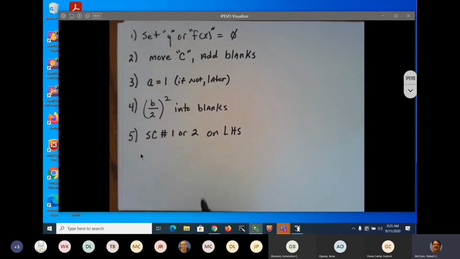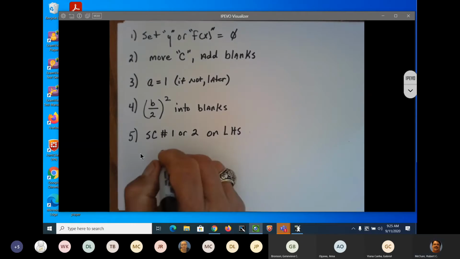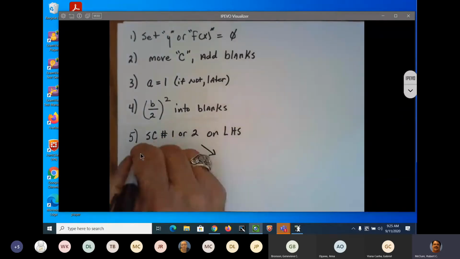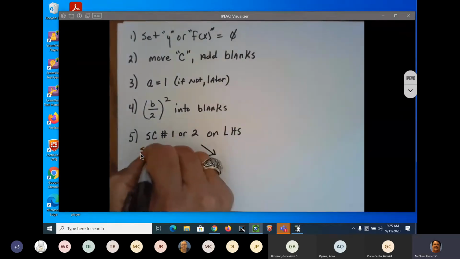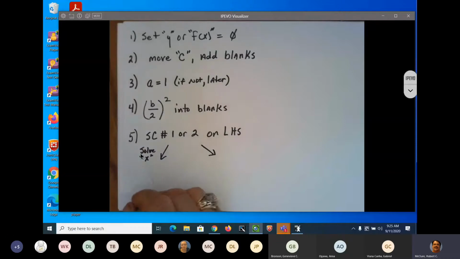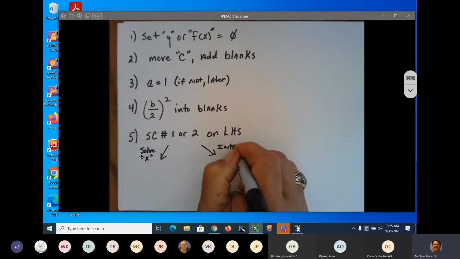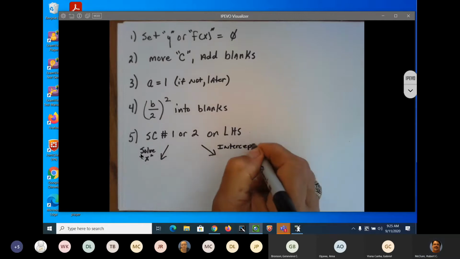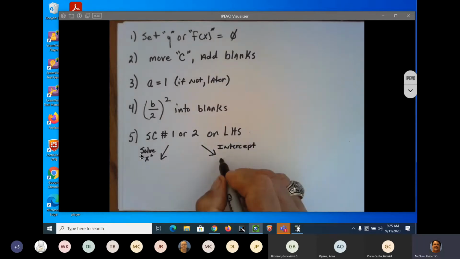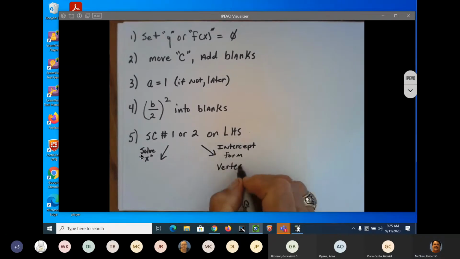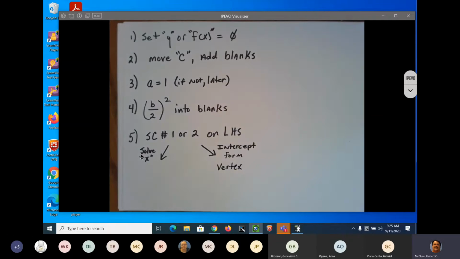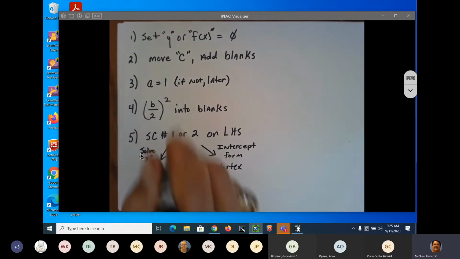The rest of it, you're going to branch off in here, and you're going to solve for x to get your x-intercepts in one direction. And then you're going to put it in intercept form to get your vertex. So that's how you do completing the square.